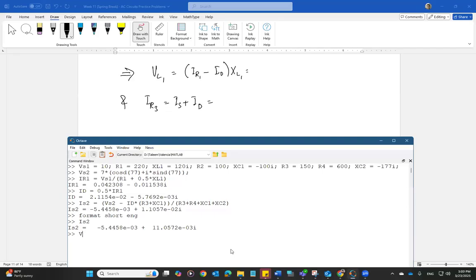So VL1 equals IR1 minus ID, absolute value of VL1, and then angle of VL1. Okay, let's write this down. So that is 21.15 minus 5.7 millivolt. Wait a minute. No, I made a mistake.